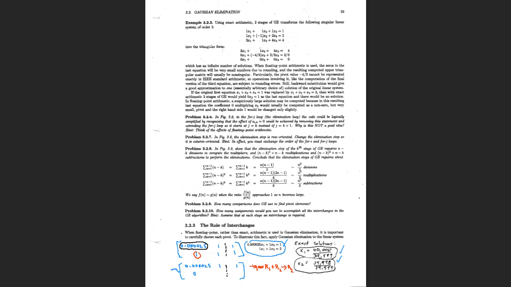But let's continue. How do we get the negative 39,999? We take negative 40,000 times 1 and add it to 1. And then how do we get the negative 39,000? Oh, wait, there should be a 2 here. Thank you.